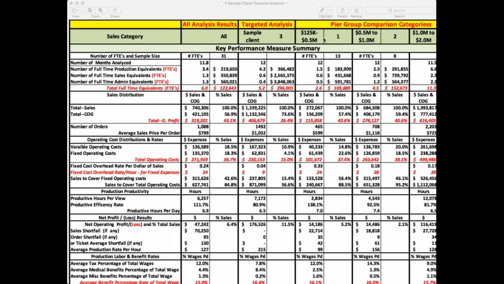The first peer group is up to $500,000 in sales. The second group is from a half to a full million. The third group is 1 to 2 million, then 2 to 3, 3 to 4, 4 to 5. So this particular client had sales of 1.5 million, so he's being compared to this group over here on the far right.